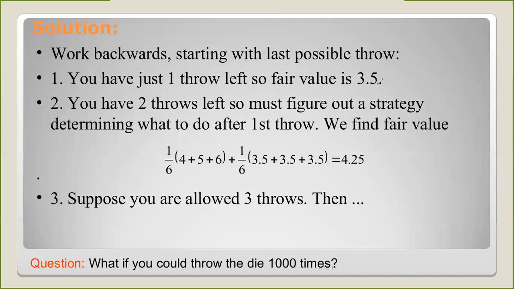And now let us imagine that we have the possibility to throw only 2 times, and for the final throw, the mathematical expectation we have already computed is 3.5.